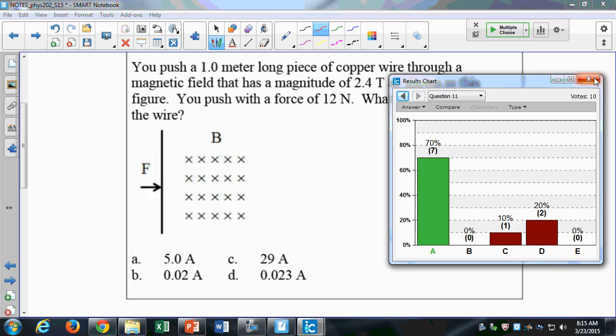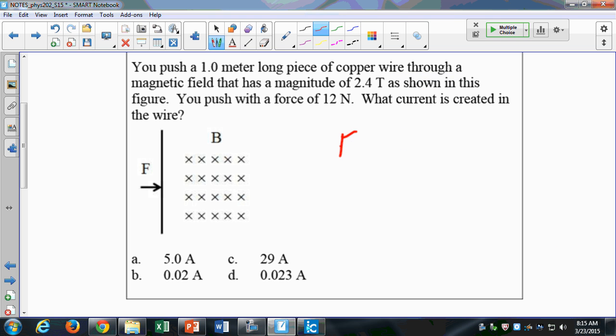A is right. This is simple calculation, right? I just know that F equals ILB sine theta. Right, so F is 12. I want to know I, L is 1, B is 2.4.